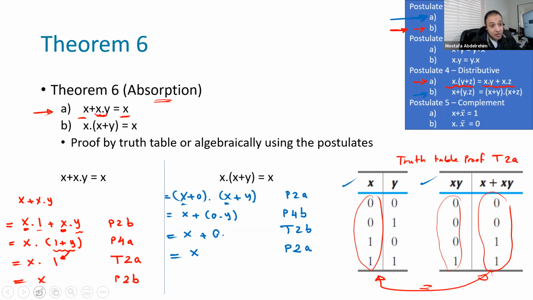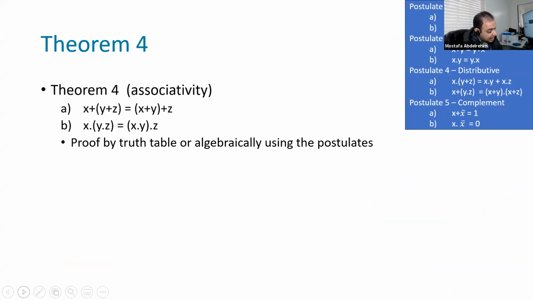Okay. Now we go to theorem 4 and 5, which is distributive, and DeMorgan, theorem 5 after this. Okay, and the best way here is to do the truth table. The proofs are really long, so we're gonna use the truth table. So I leave this for you as a homework, to do the proof, but it will be very similar to that one.